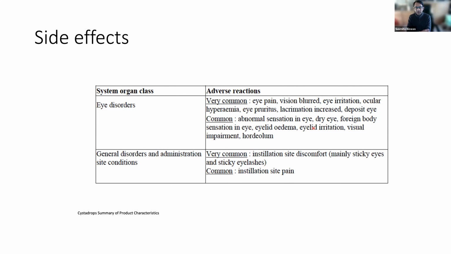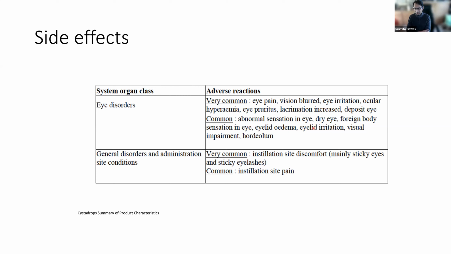So we know that normal topical cysteamine aqueous drops do cause these kinds of symptoms of pain and blurred vision. And I suspect with the viscous solution, these symptoms may well be a little bit more exaggerated. In fact, when you looked at the side effects from the CHOC study in patients on conventional treatment versus this one, there was a little bit more of these side effects present in the Cystadrops treated group.